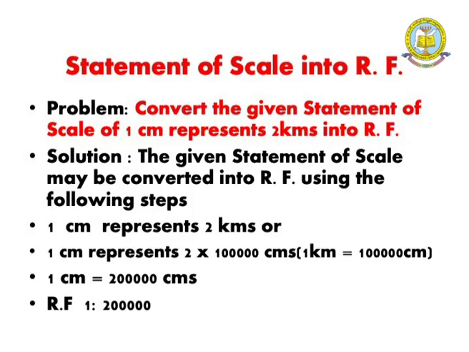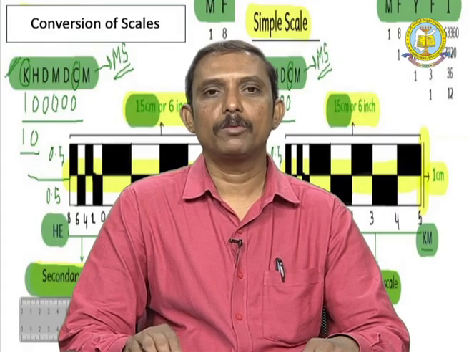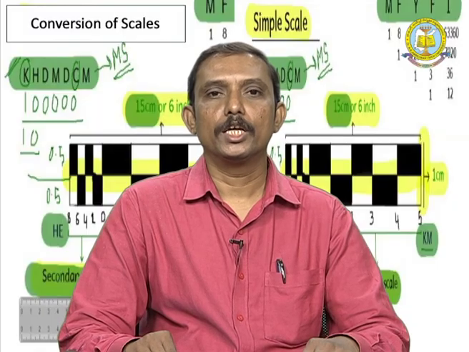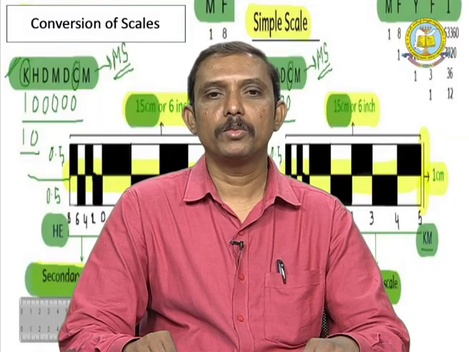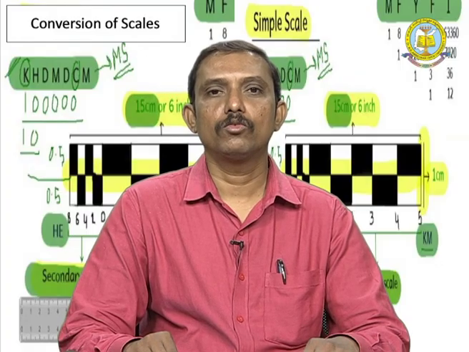Then 1 centimeter is equal to 2 lakh centimeters. Both the units are centimeters, so they get cancelled, and the RF value as a ratio comes to 1 is to 2 lakhs. It means 1 unit of measurement on a map is equal to 2 lakh units on the ground. This is the method of conversion of statement scale into a representative factor.